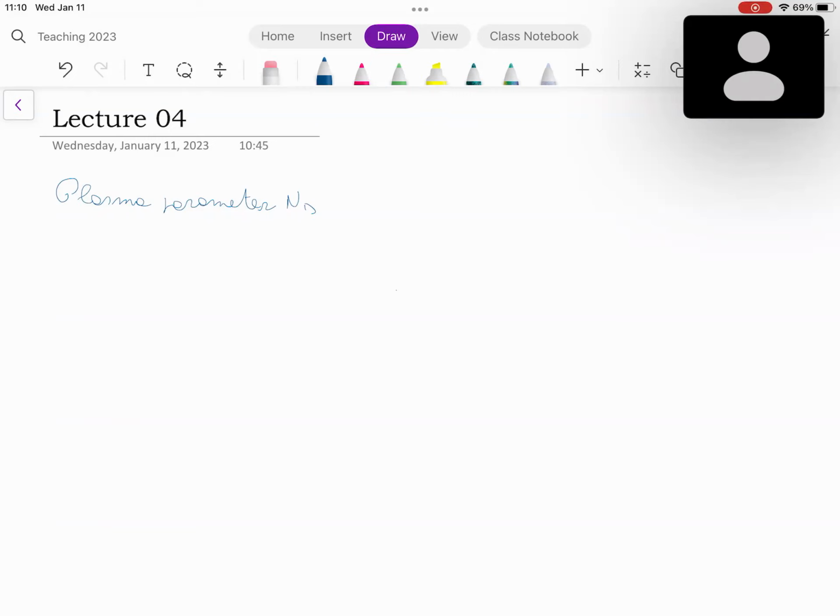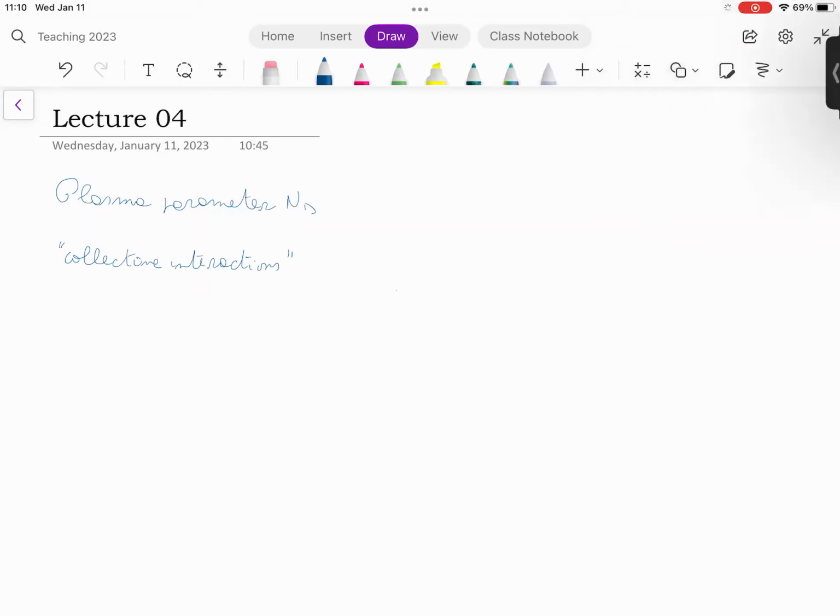And this may take a little bit more than what I'm going to say here, but essentially, let me put it this way, we can say that collective interactions, I'm going to put that in quotation marks for reasons that hopefully will be obvious in a moment, over discrete interactions, same thing in quotation marks.